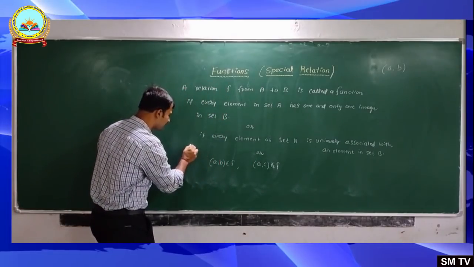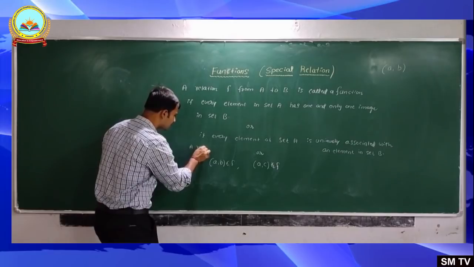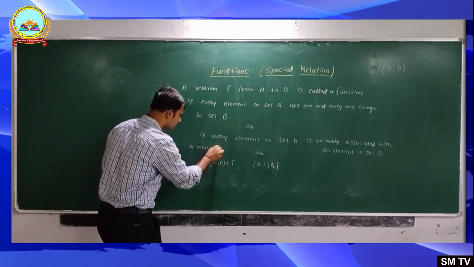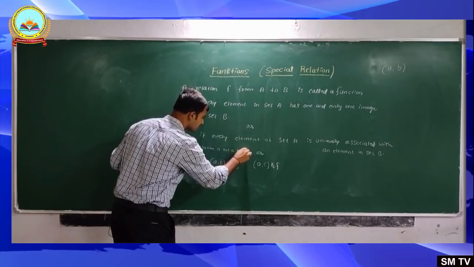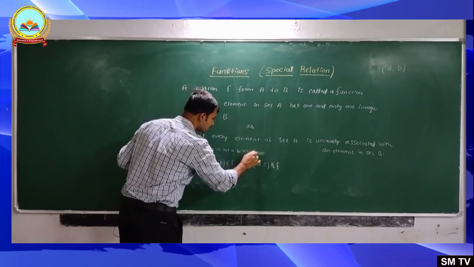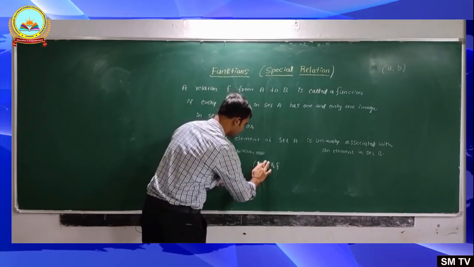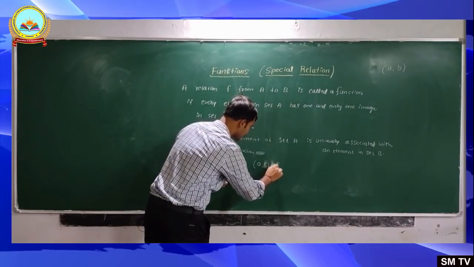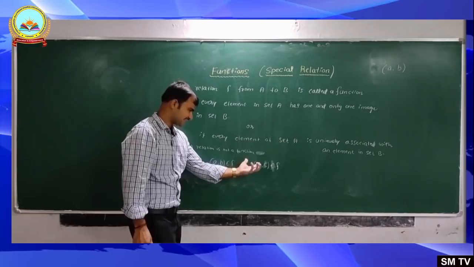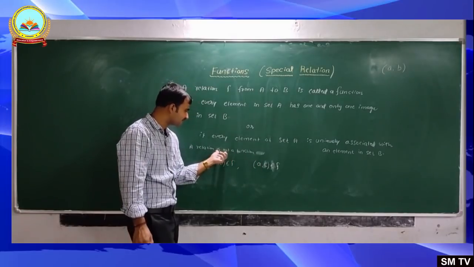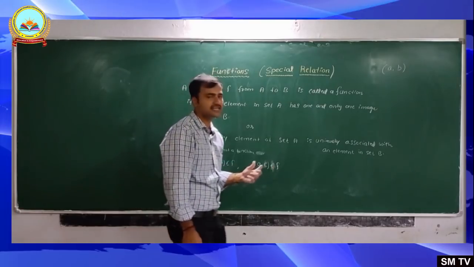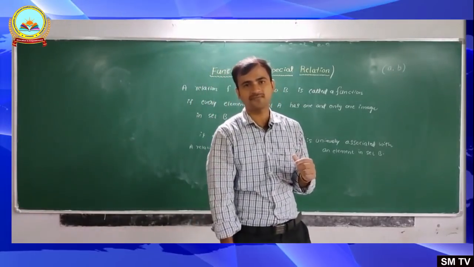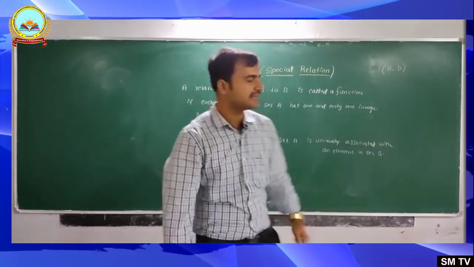A relation is not a function if (a, b) belongs to f and (a, c) also belongs to f. So the same definition I have considered in a different manner. Okay, so let me consider examples.